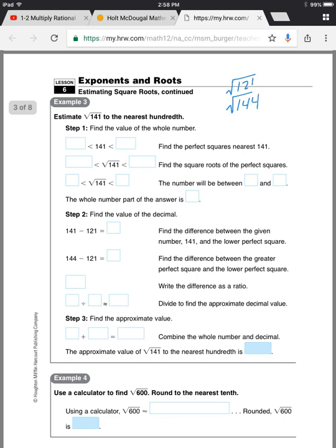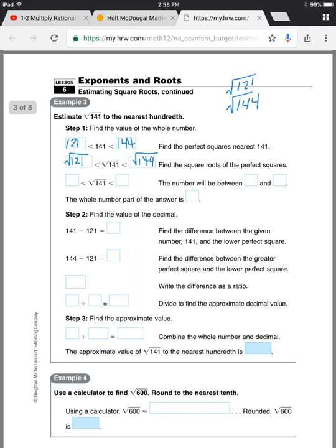Okay, so 121 is less than 141 and 144 is greater. So it lies between those two perfect squares. I just got that from the list we made earlier.